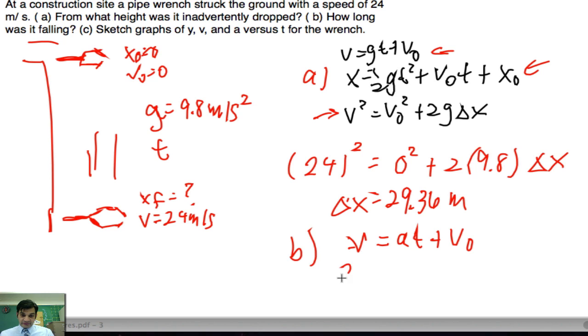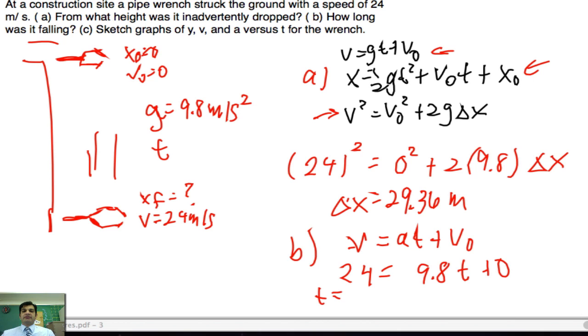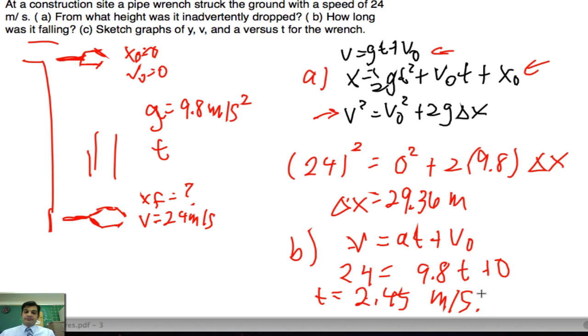So we have 24 equals 9.8 times T plus 0. And what we'll get for the time is a little bit over 2.4. So we'll go ahead and calculate that, and we'll get 2.45 seconds.